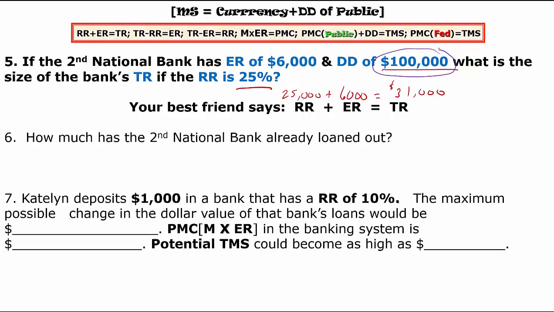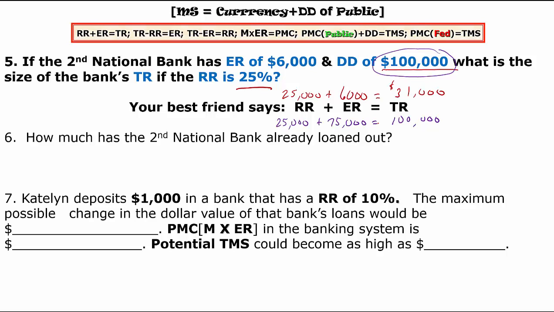So the second question here, number 6, is asking how much they have already loaned out. Let's pretend for a second that the 100,000 was just deposited. In that case, total reserves would be 100,000, and 25,000 would have to be in required reserves, which leaves 75,000 as excess reserves.